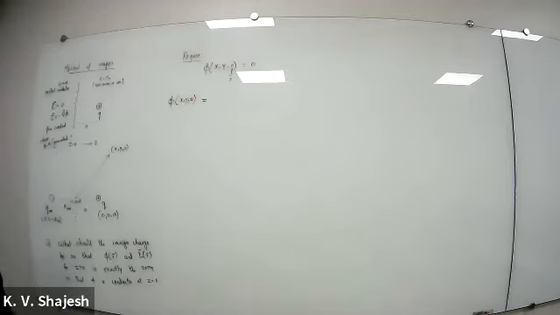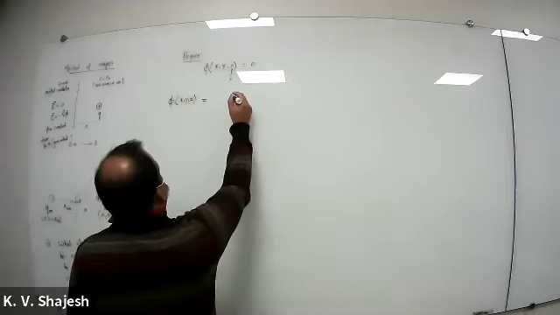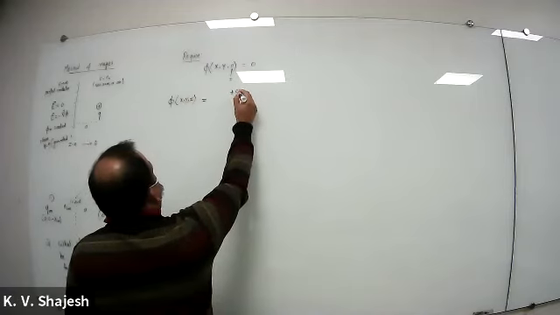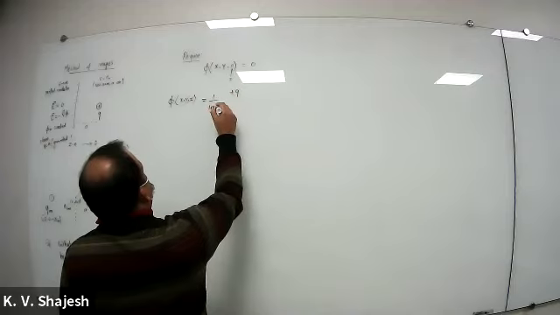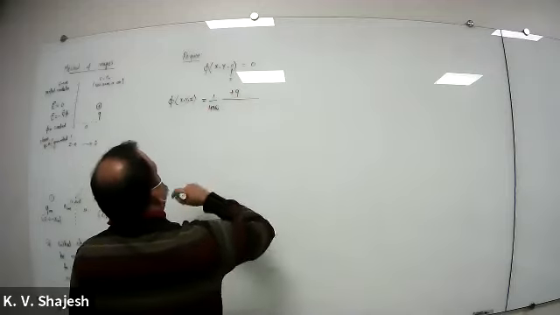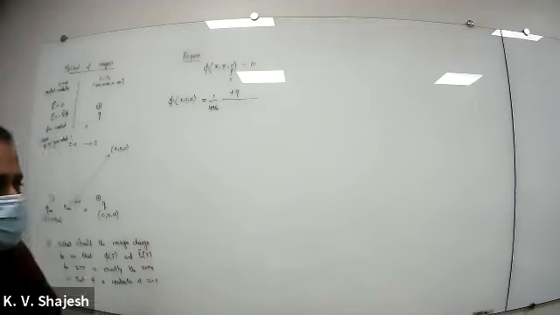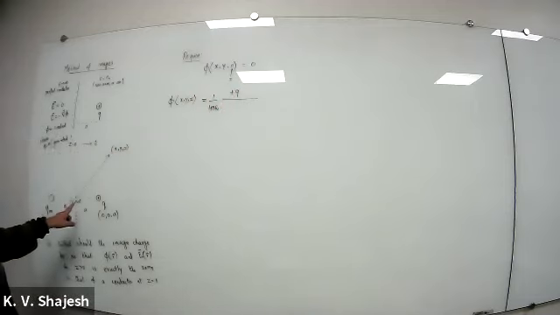In general, there are two charges, so it is plus q divided by 4 pi epsilon naught, q over r, right? But the charge is not at the origin.